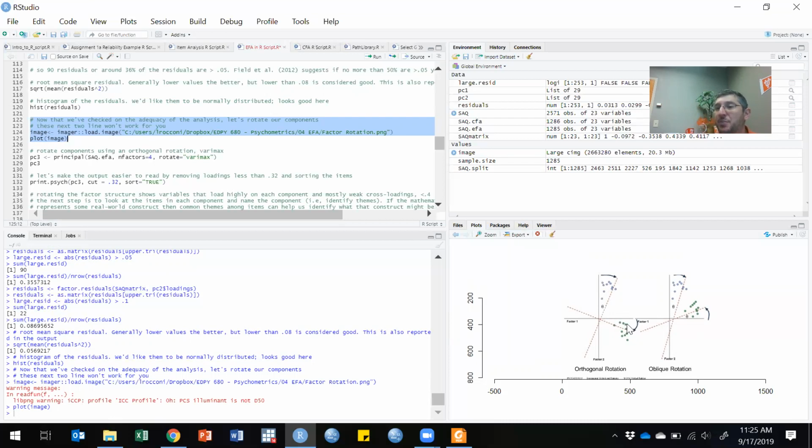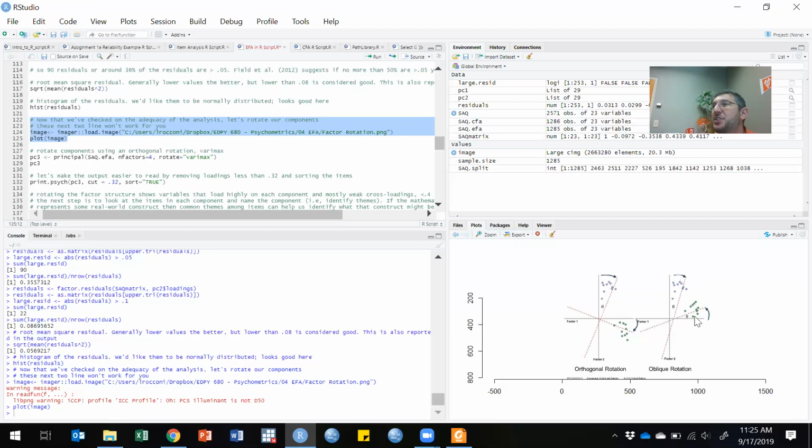And then in an oblique rotation, we're allowing the factors to correlate, so that the axes aren't moving towards the same degree. They're moving the same angle, but they're going towards each other. So that's the general idea of what we're talking about when we rotate our factor solution.